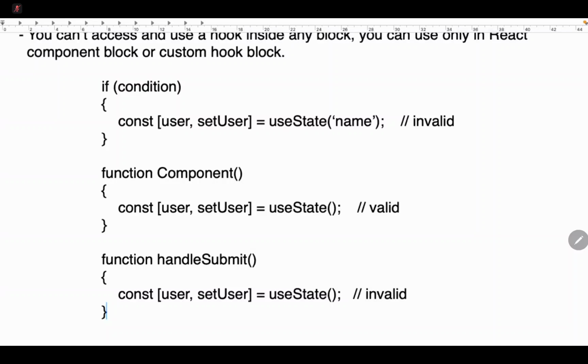You can access it only inside the component or only inside the hooks. So you cannot access it in any other function. That means in two function blocks you can access: one is a component function block, another one is a hook function block.